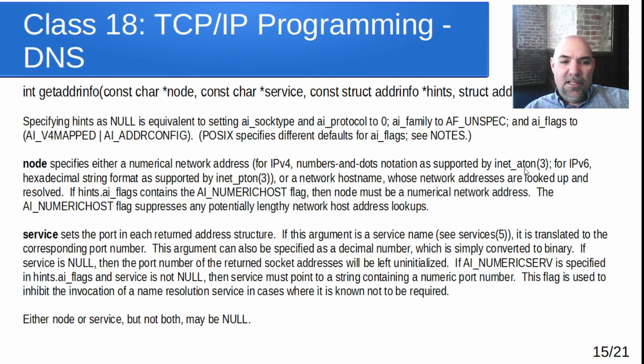We saw that earlier. So this node is what we're looking up. That's a character pointer that could be numbers and dots, for example 146.85.1.1 or whatever. But it also says, or a network host name whose network addresses are looked up and resolved. So in other words, in this node character pointer, we could put in www.reddit.com and it would look that up for us.